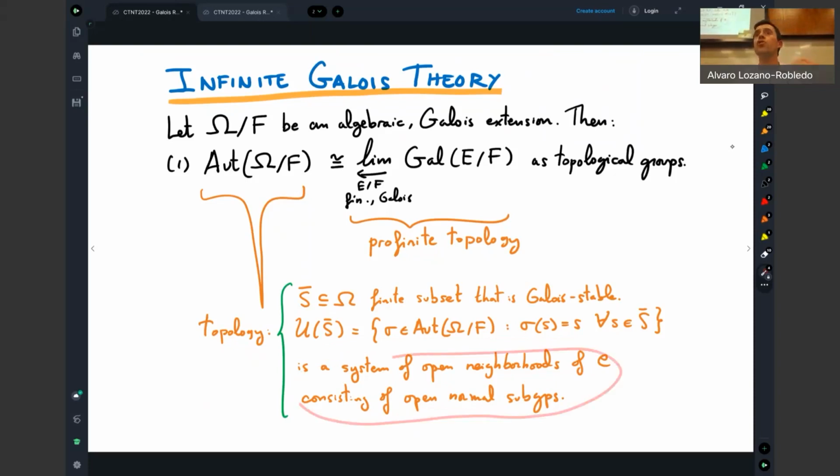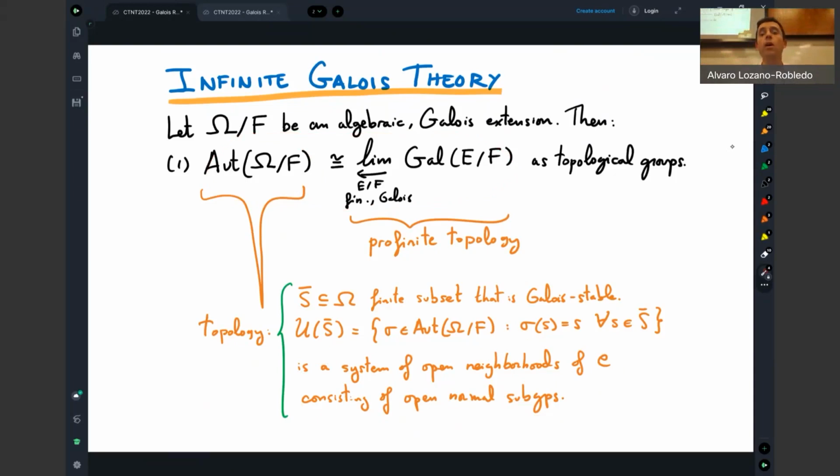And as I said, that determines a topology on all of the automorphism group. And now that I know both topologies, I can compare. I can first prove that these are isomorphic as groups, and then prove that that isomorphism is continuous and the inverse is also continuous. And that gives me that isomorphism as topological groups.